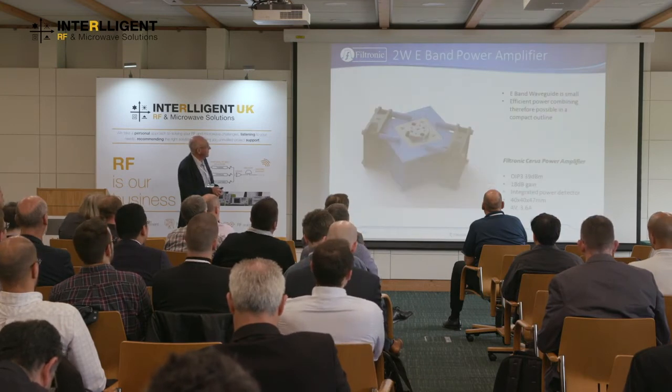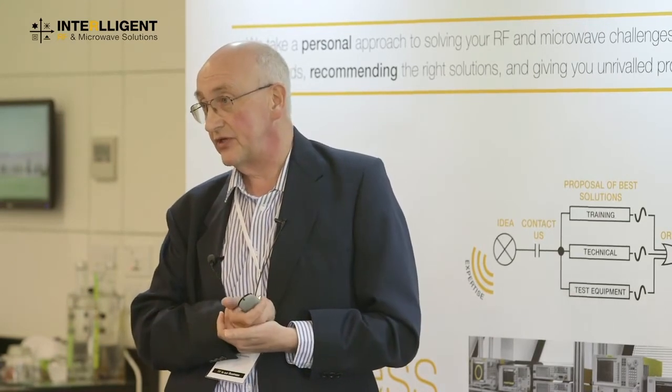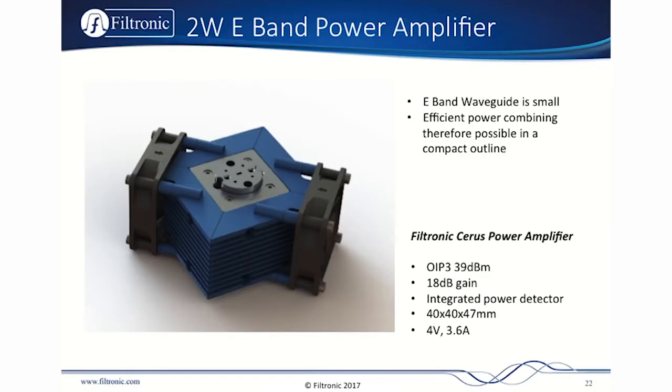In terms of pushing the actual transmit power and getting efficient, very linear transmitters, one of the good things about the very high frequencies is that the waveguide is very small. So you can make a waveguide power combiner at E-band in a very compact outline. So here's a 2-watt E-band power amplifier that Filtronic have developed.